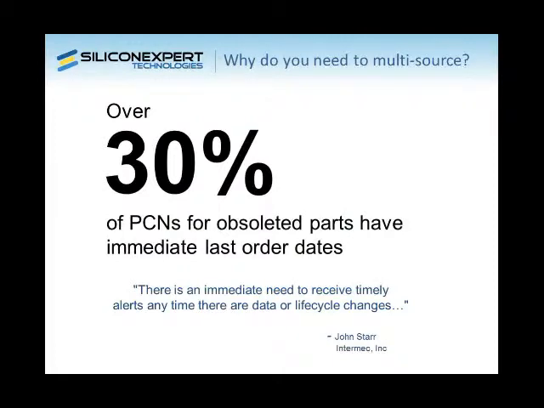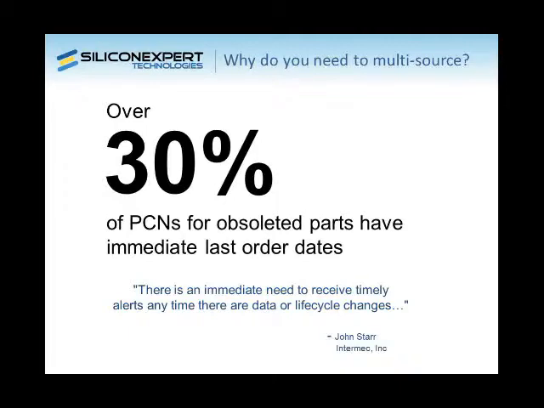For over 30% of PCNs for obsoleted parts, those already have a last time buy order date. That means that if they had known ahead of time that a part was going to be obsoleted and had some time to make those purchases, they might have been able to get better prices and find more inventory.